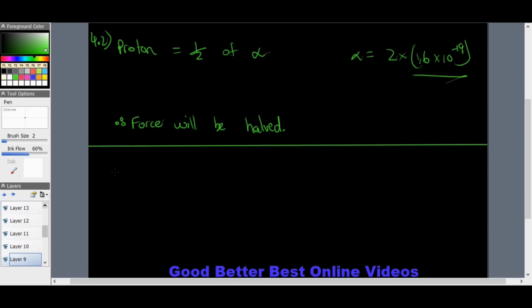If I have an alpha particle which is 2Q1, and I take Q2 and I just have just Q2, so it's just 1, it's not double. So if I take that and I say, well, F is equal to 2Q1 times Q2, let me just fix that.